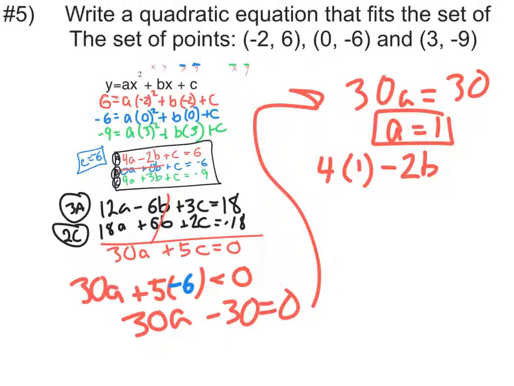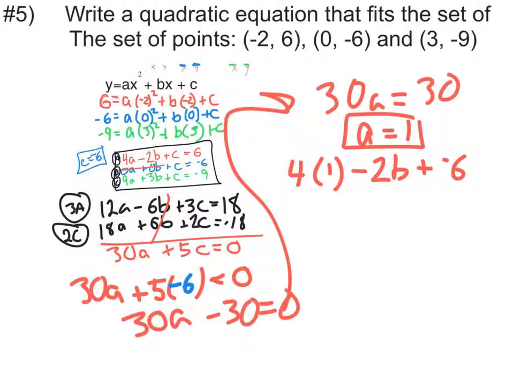And we also have plus C, which is, we already know C is negative 6. And it should equal 6, correct?